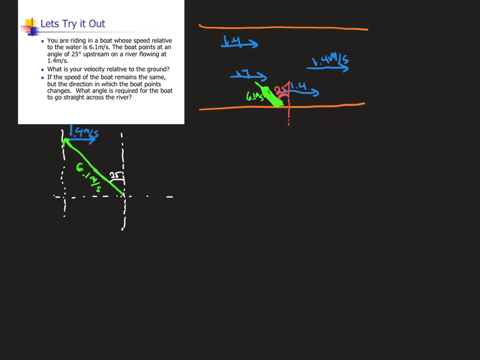I know, mathematically speaking, that this angle right here is also 25 degrees. I am going to be looking for the speed relative to the ground, which would be the red.